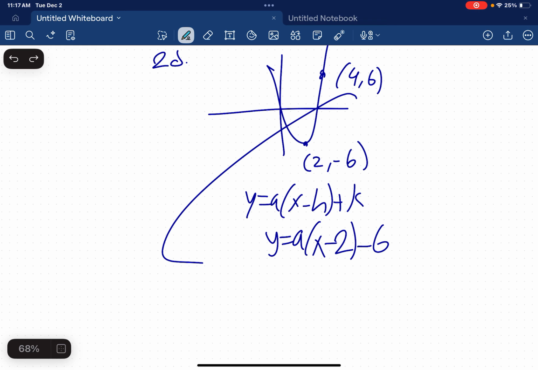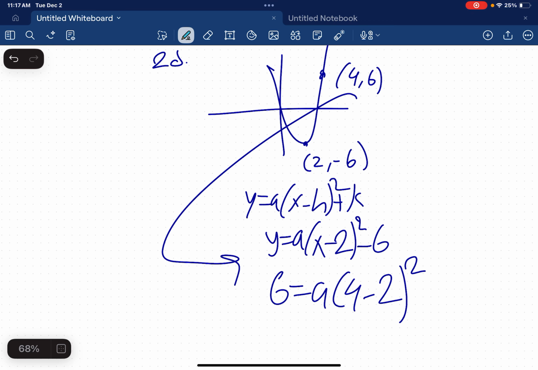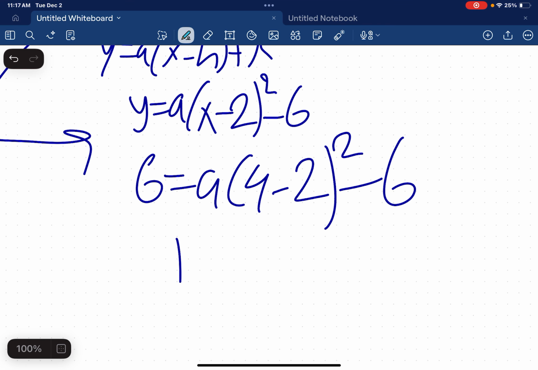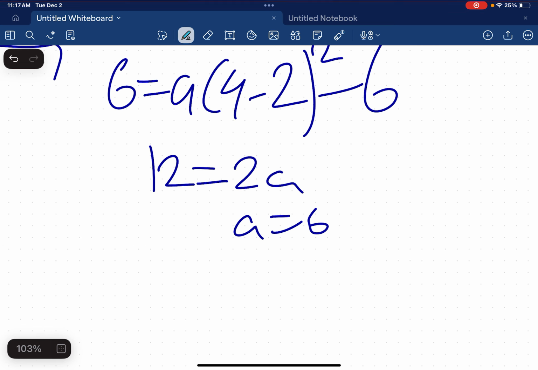And now we're going to plug these two coordinates back in here. So 6 is equal to a times, I keep forgetting to put this square, (4 minus 2) squared minus 6, plus 6 on both sides. 12 is equal to 2a, a is equal to 6.